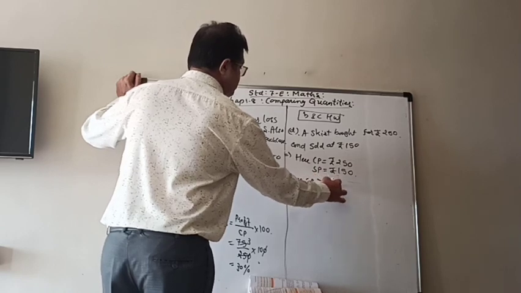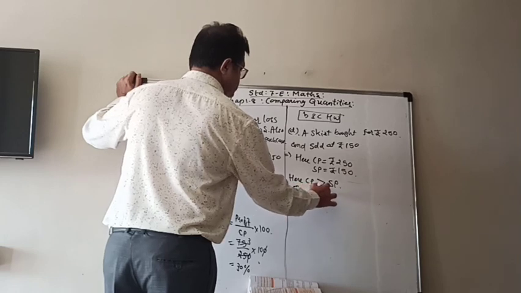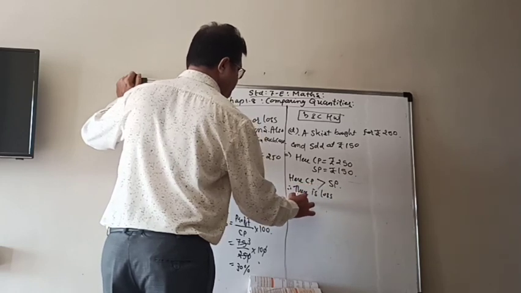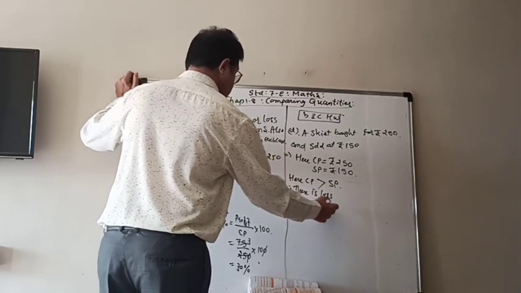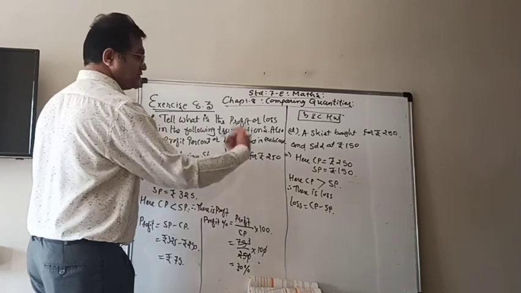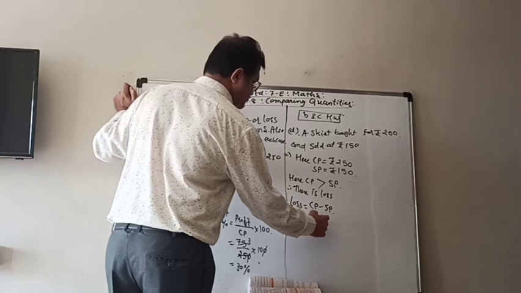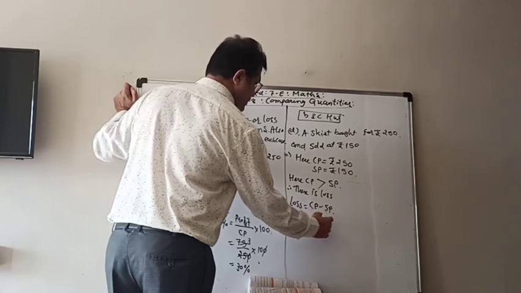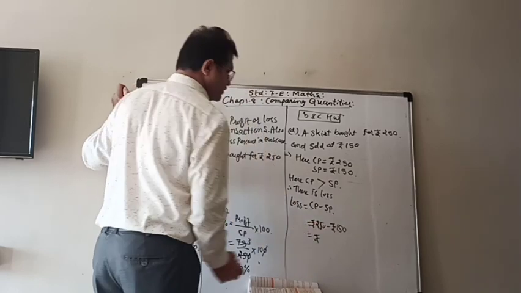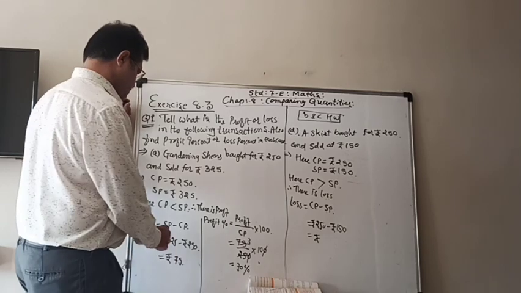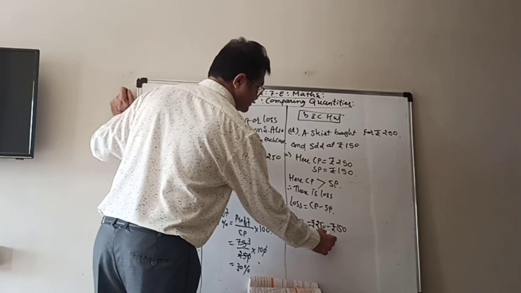Therefore there is loss. So now loss is equal to CP minus SP. If it is profit, SP minus CP; loss is CP minus SP. CP is 250 minus rupees 150. So loss is rupees, how much? 250 minus 150 is 100.